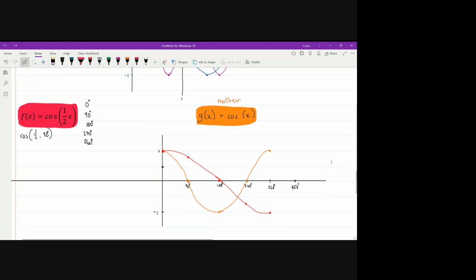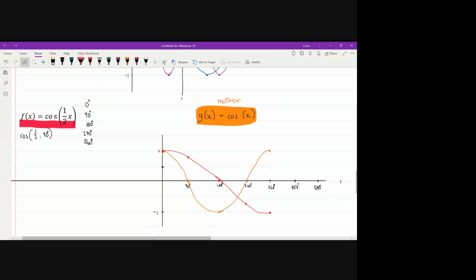If we take cos of 450, remember we're going to get half times 450. Then we can try 450 plus another 90, which gives us 540 degrees, then another 90 gives us 630 and then 720.